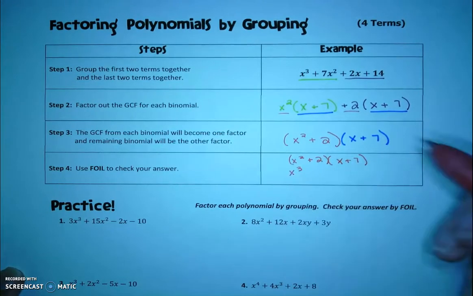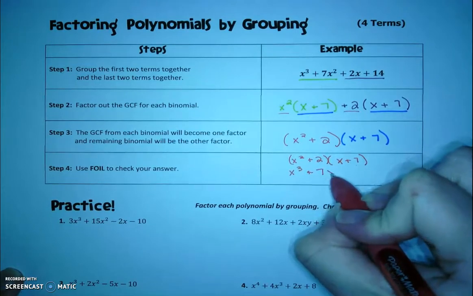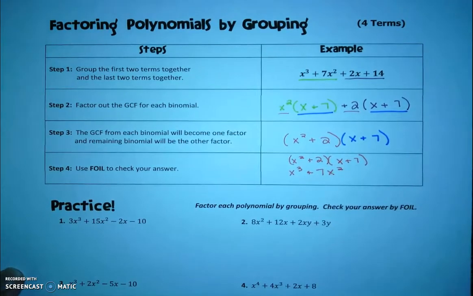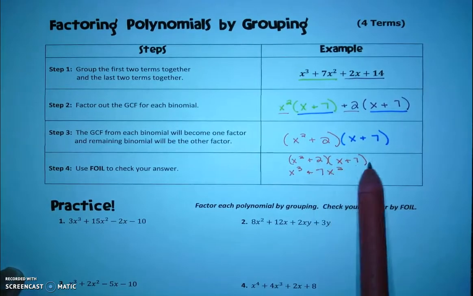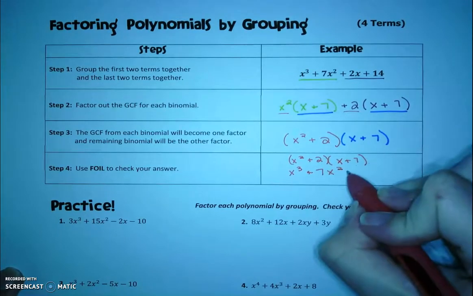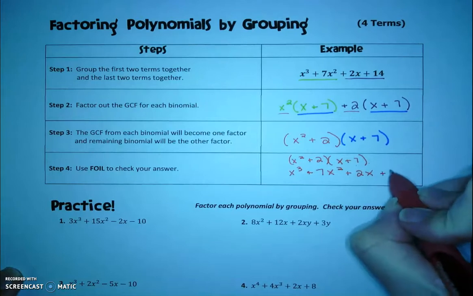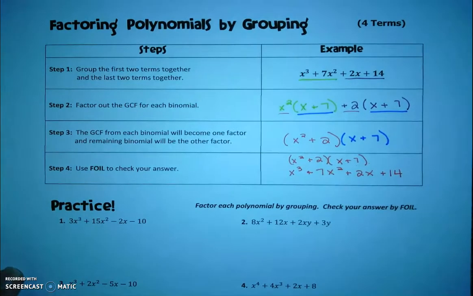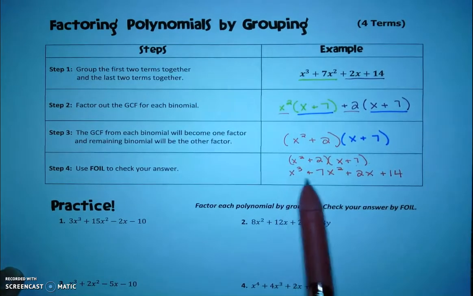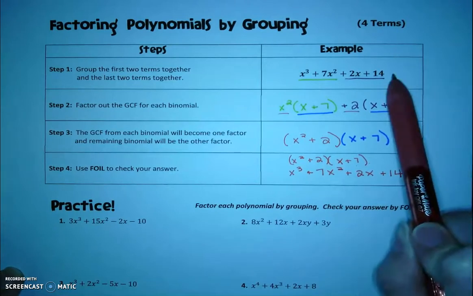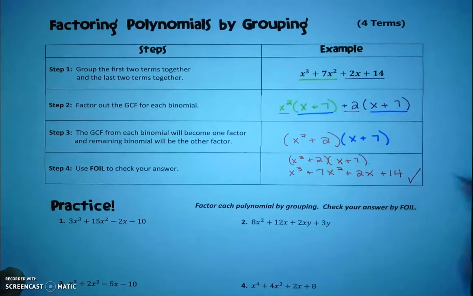X squared times 7 gives me plus 7x squared. Then I'm going to share the 2 to both things, so 2 times x gives me 2x, and 2 times 7 gives me 14. Remember, we know we're correct when our redistribution gets us the exact same problem, so we know our answer is right.